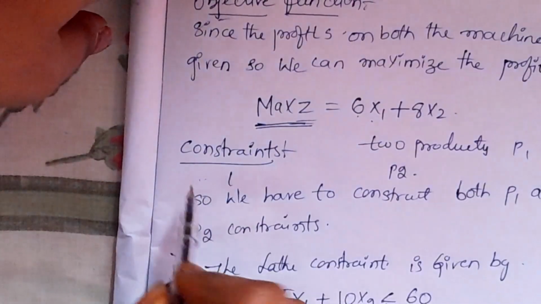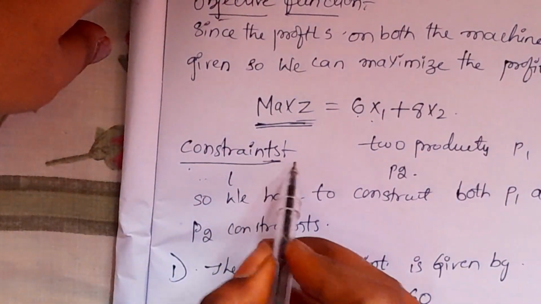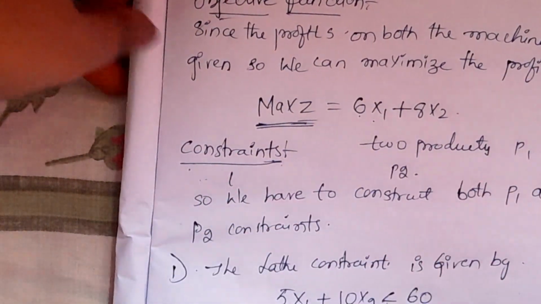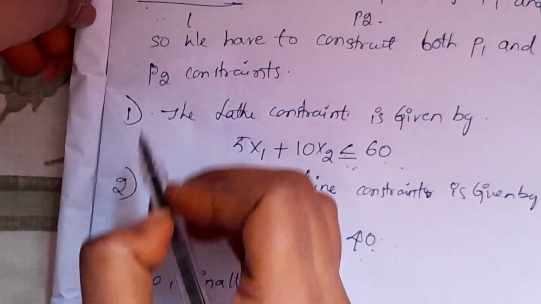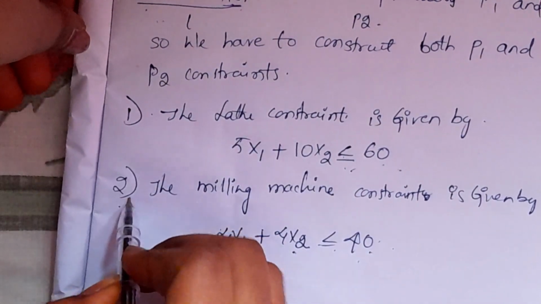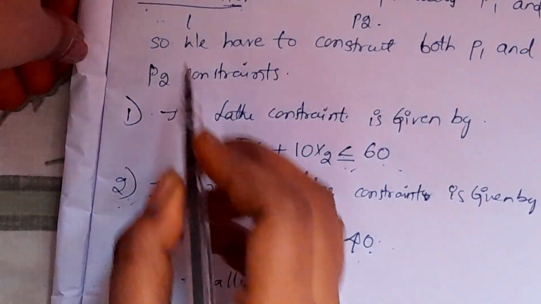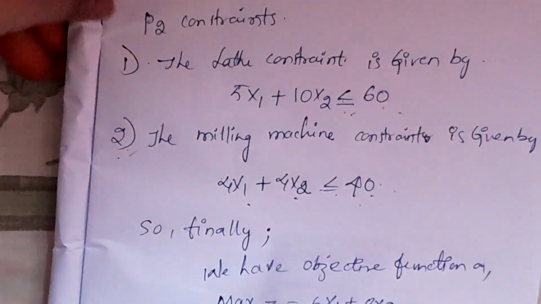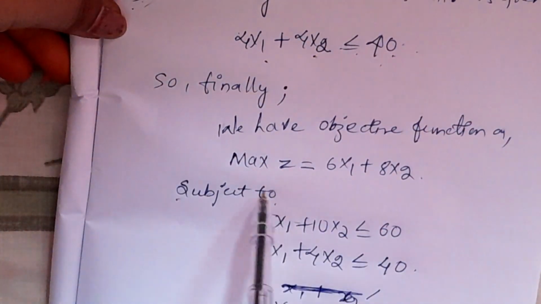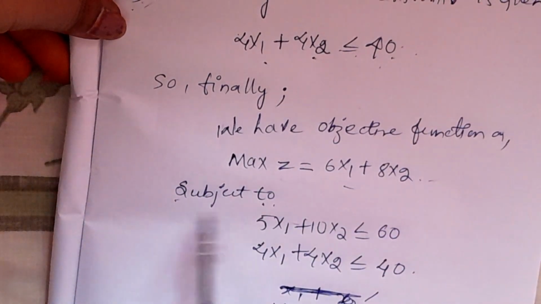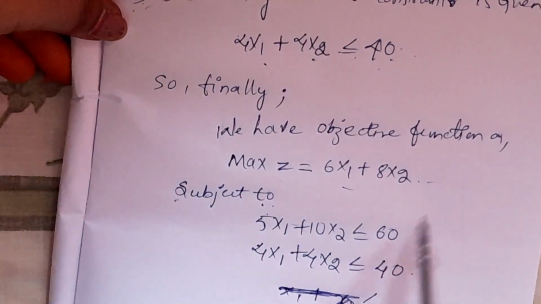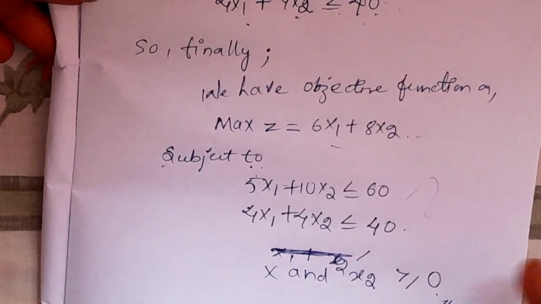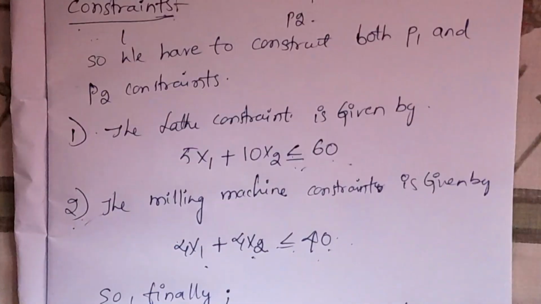And next, after constructing the objective function, we have to formulate the constraints of both the products. We have to do only 2 products because there are only 2 products given in the question. After that, we have to write like this: max z is equal to so and so, subject to the constraints, which have to be written here. This is how we can formulate a linear programming problem.